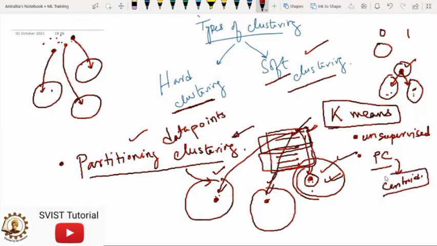So it is following the centroid based approach, and that's why we say it's partition based clustering. These are the 2 points that you have to keep in mind in the case of K-means clustering.